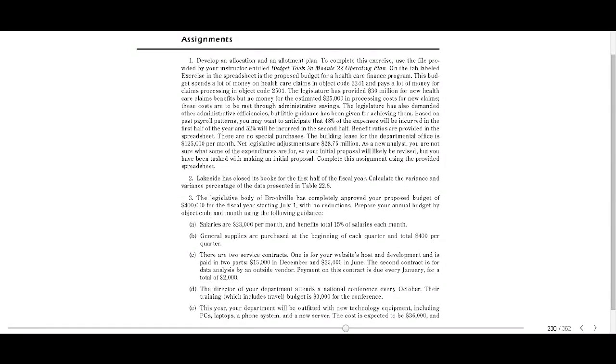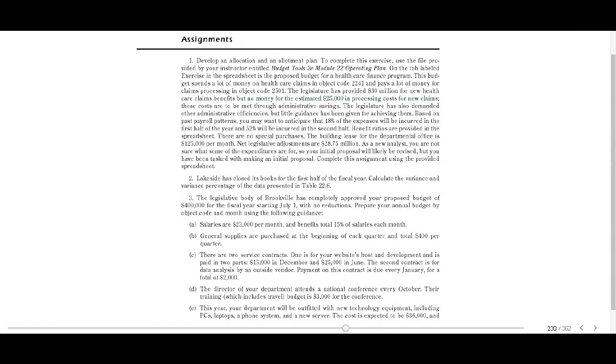Whatever version you choose to make, as long as the numbers leave you with a net zero budget, then you're good. Note that the instructions say they're going to give you $30 million for new healthcare claims, but no money for the estimated $25,000 processing costs.